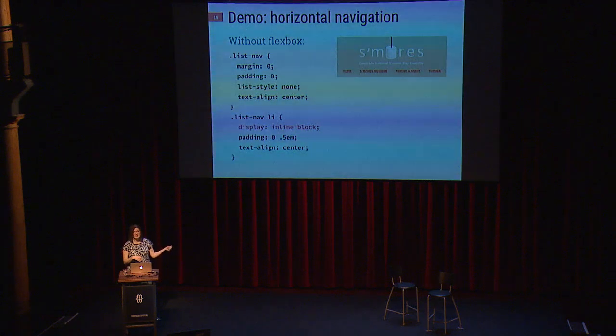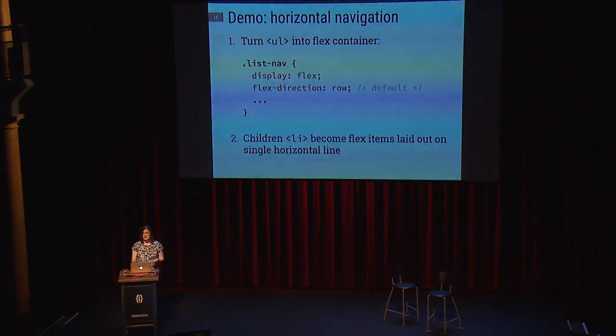So these links can be inline-block and flex items at the same time. To make the links flex items, I set display flex on list nav, which is their parent UL. This turns on Flexbox and makes the UL a flex container. And it indicates that you're using this new visual formatting model on its children, which are now called flex items.